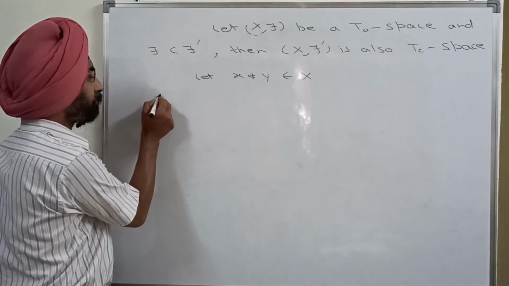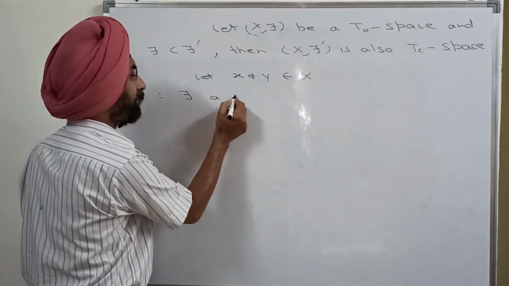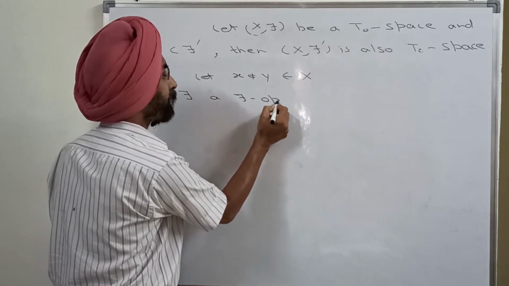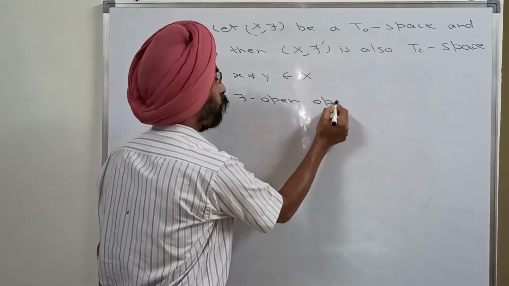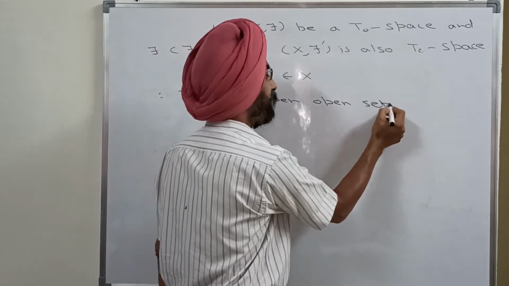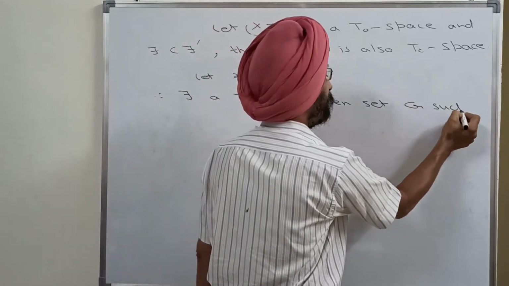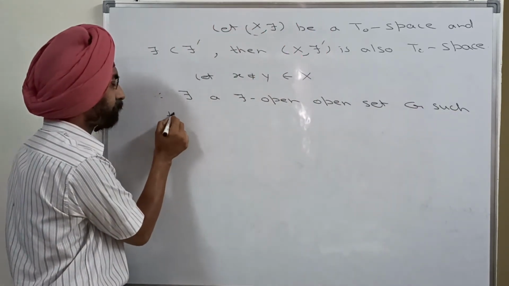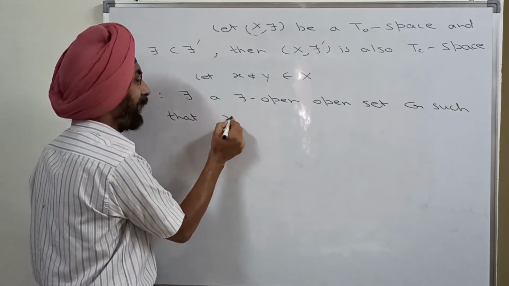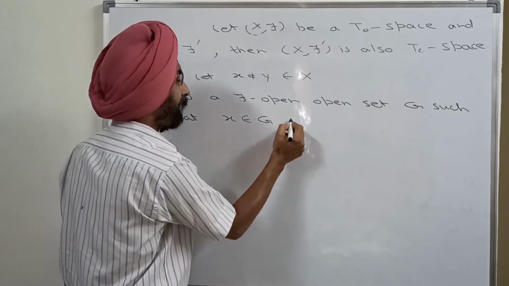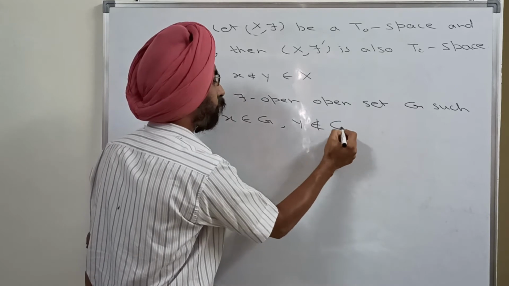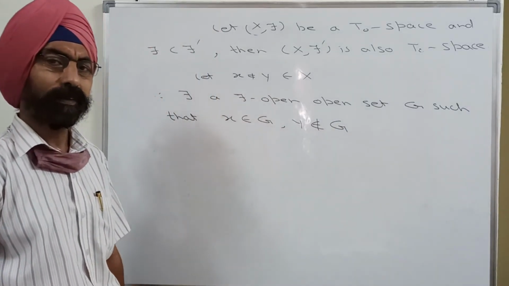So therefore, there exists a tau open set G such that x belongs to G and y does not belong to G.